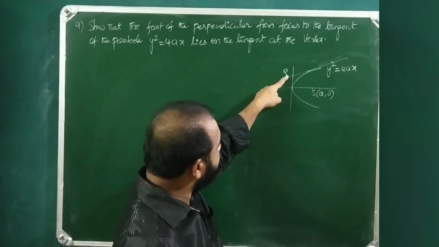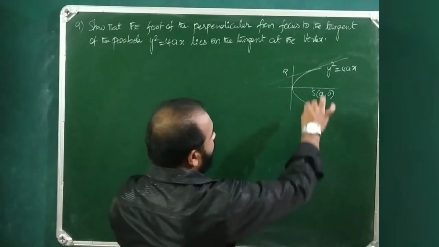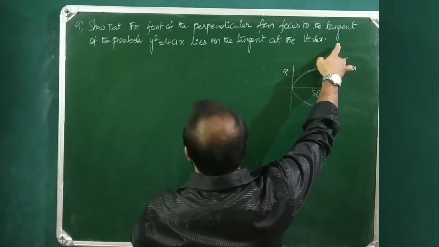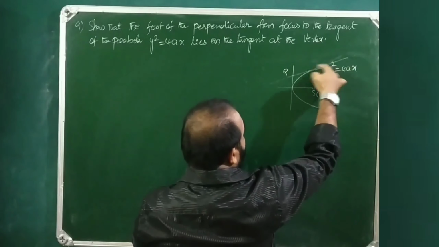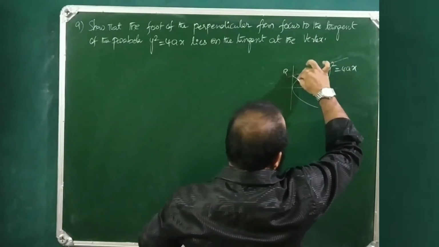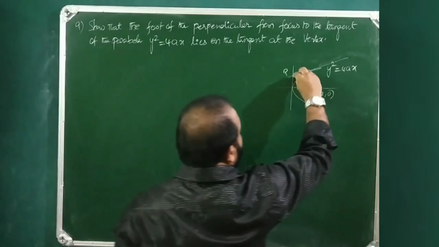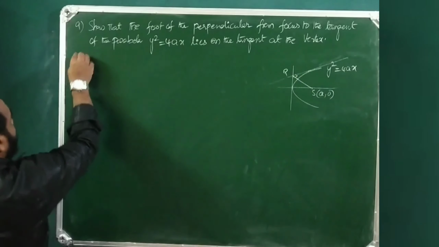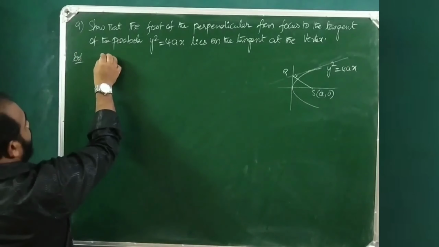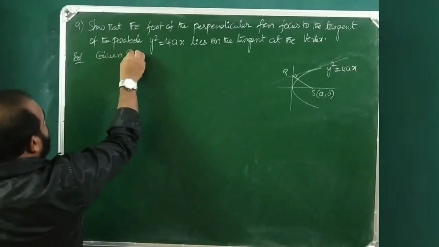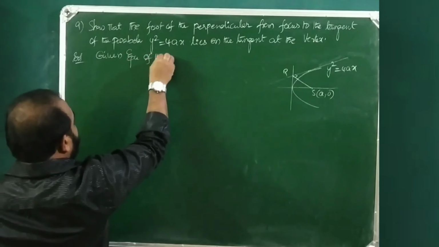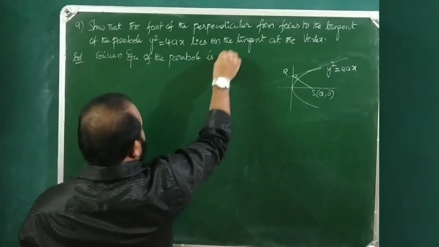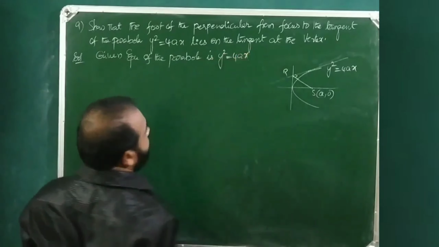And this P is the foot of the perpendicular from the focus a comma 0 to the tangent of this parabola. So given equation of the parabola is y square equals to 4ax.